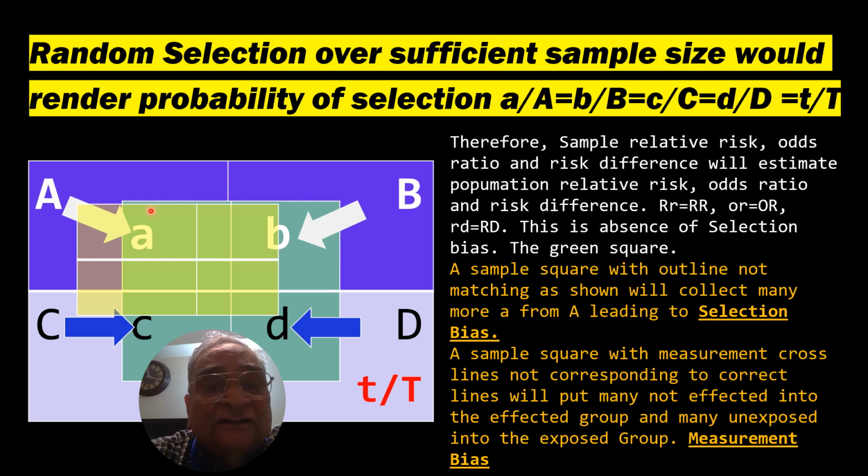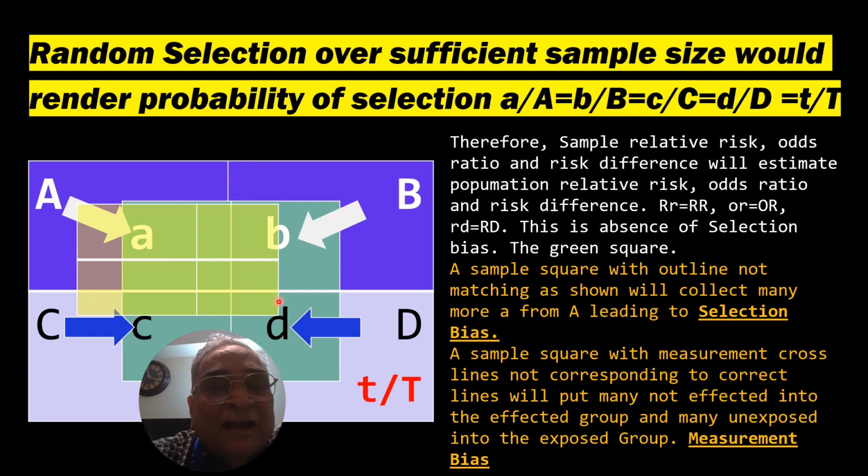So this is called a selection bias. The second thing is that supposing you measure here, then the A will become smaller and B will become larger. And therefore this square, not only the outline, but also the measurement can differ from the actually true measurement.